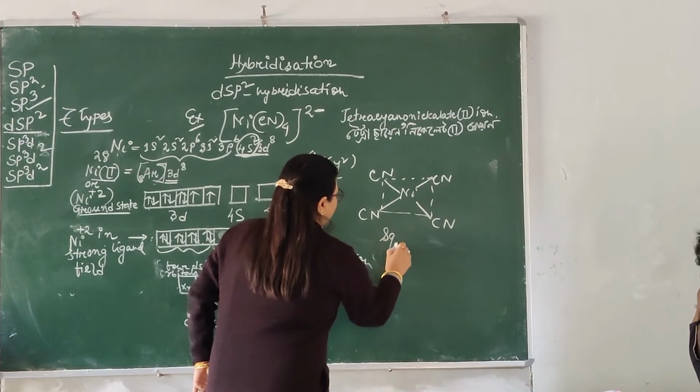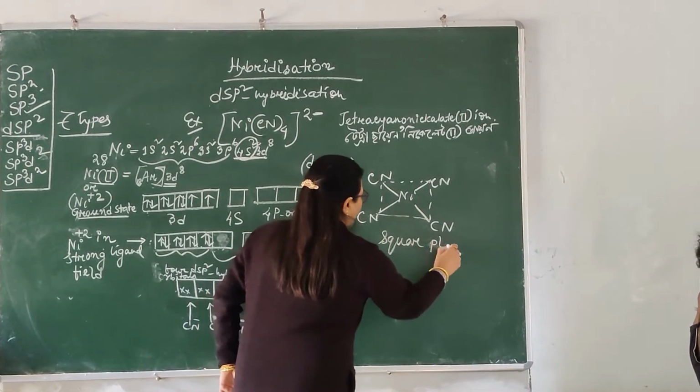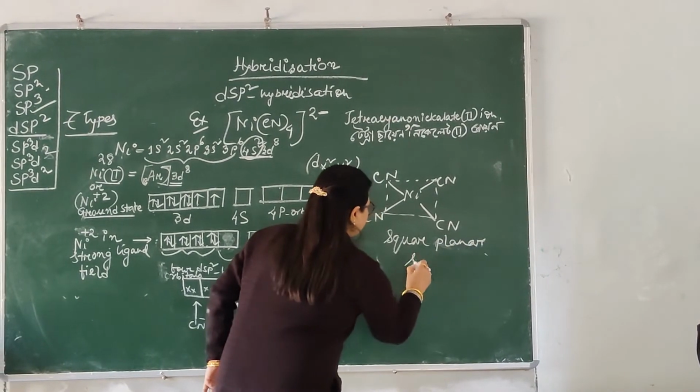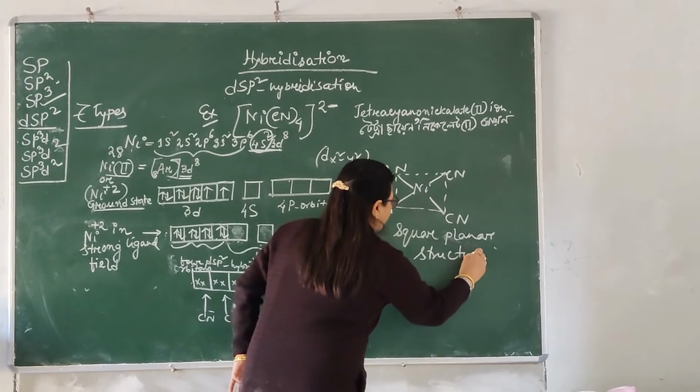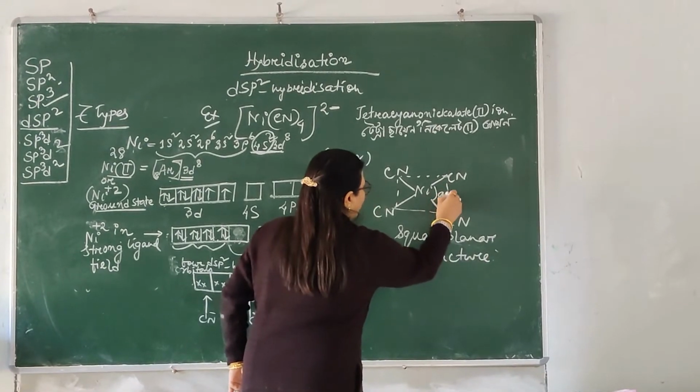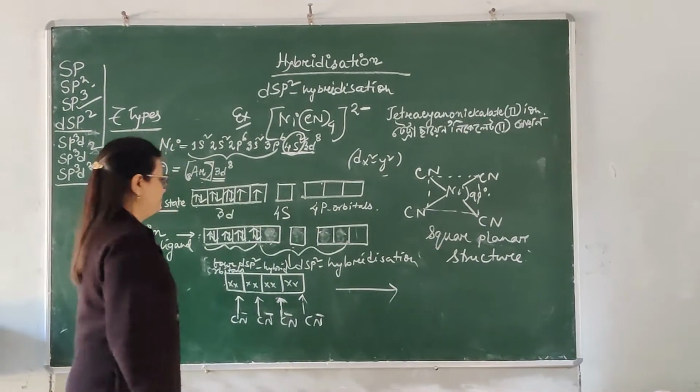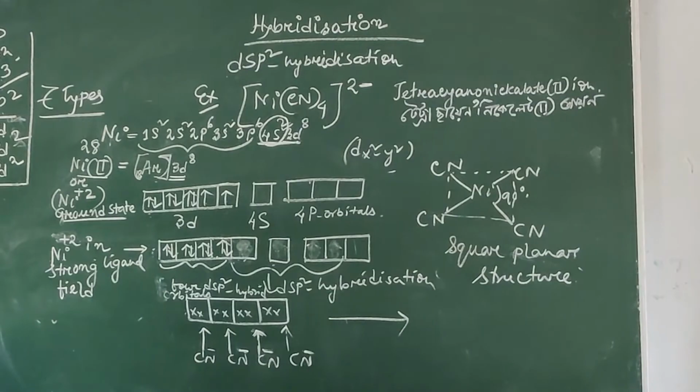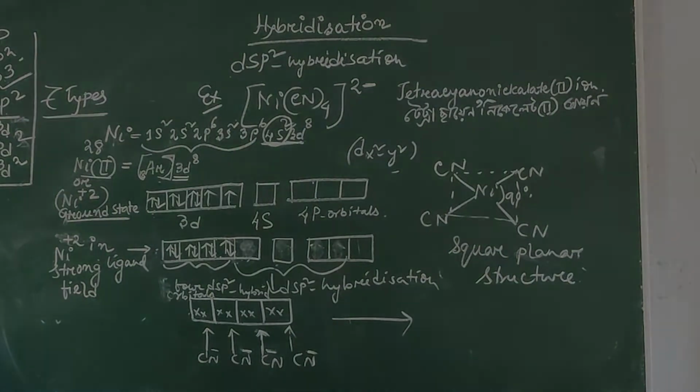This is the square planar structure where the bond angle will be 90 degrees. This is for the dsp2 hybridization.